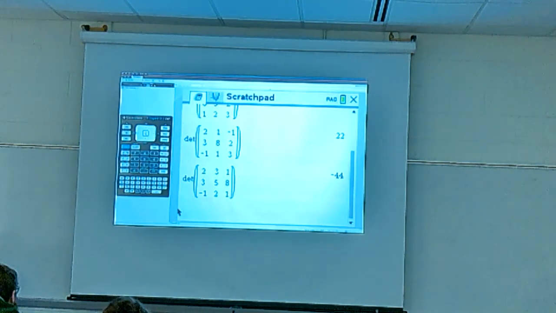Negative 66, over determinant of A. And then determinant of A2 over determinant of A. And determinant of A3 over determinant of A. Three, negative 1, 2.